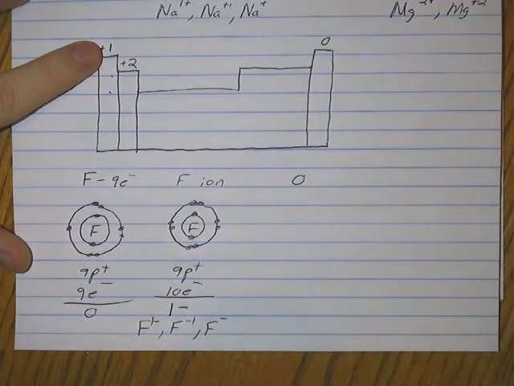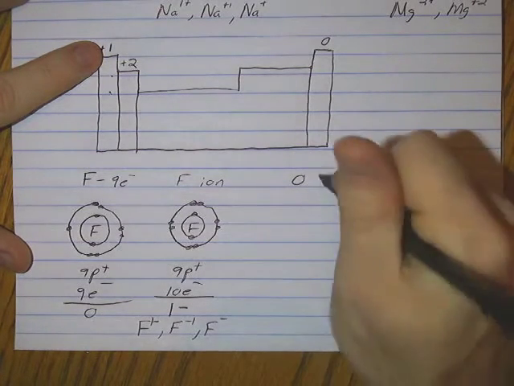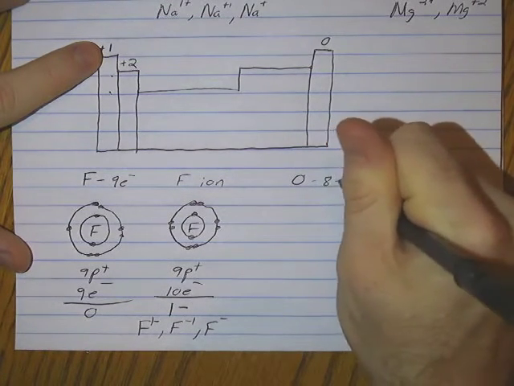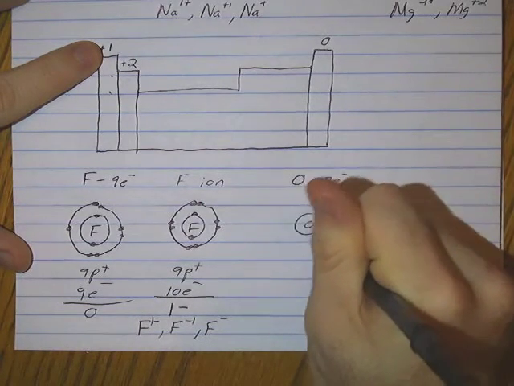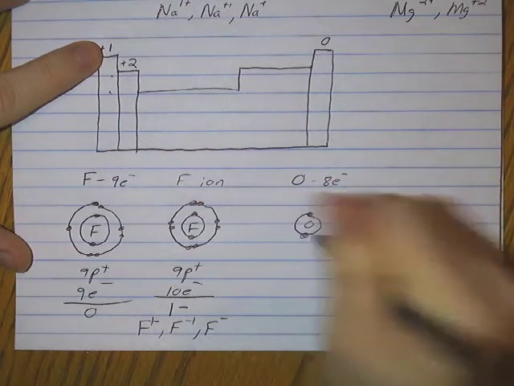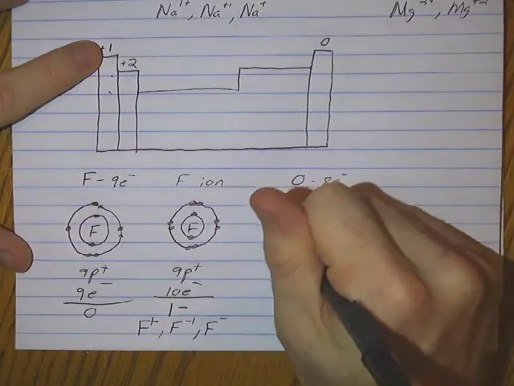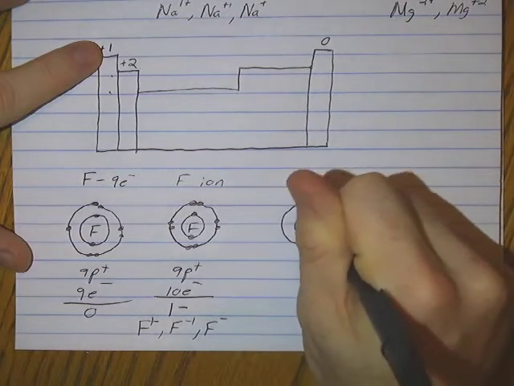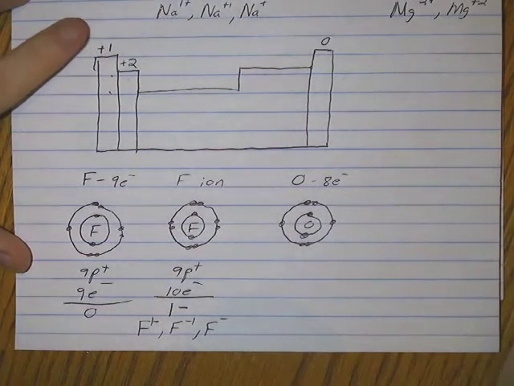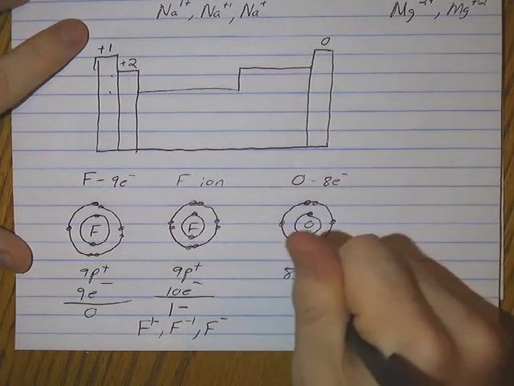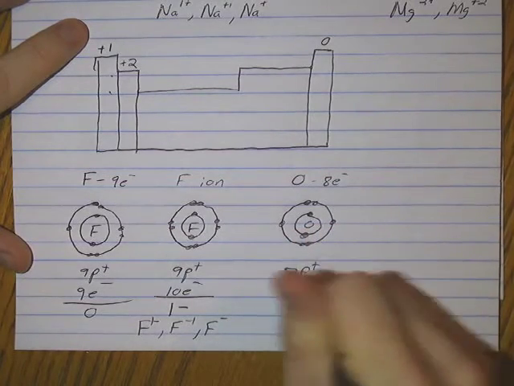We go to the left, we look at oxygen, and in the oxygen atom, we have 8 protons, which means we have 8 electrons. So we have the oxygen nucleus, 2 electrons in the middle, in the core, and then 6 electrons in the valence. So we have 8 protons, 8 electrons, and the difference is 0.